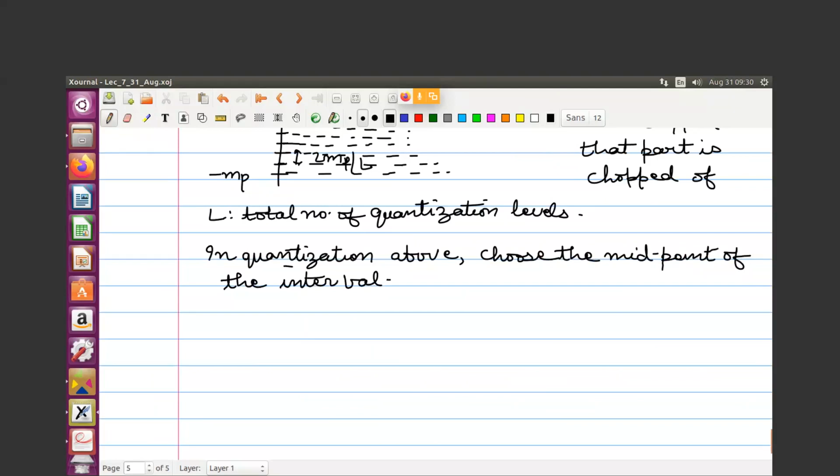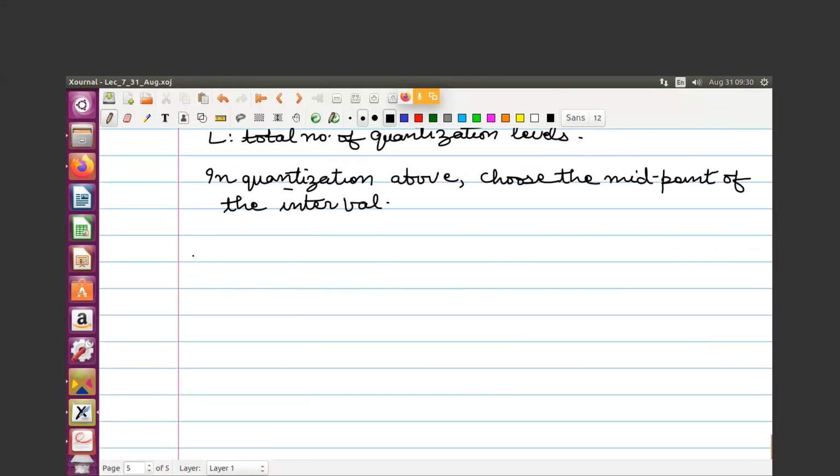So let us now study a few terms with regard to this process. Suppose this is a straight line, this is your m of k minus 1, this is your m of k, this is your m of k plus 1, this is m of k plus 2.